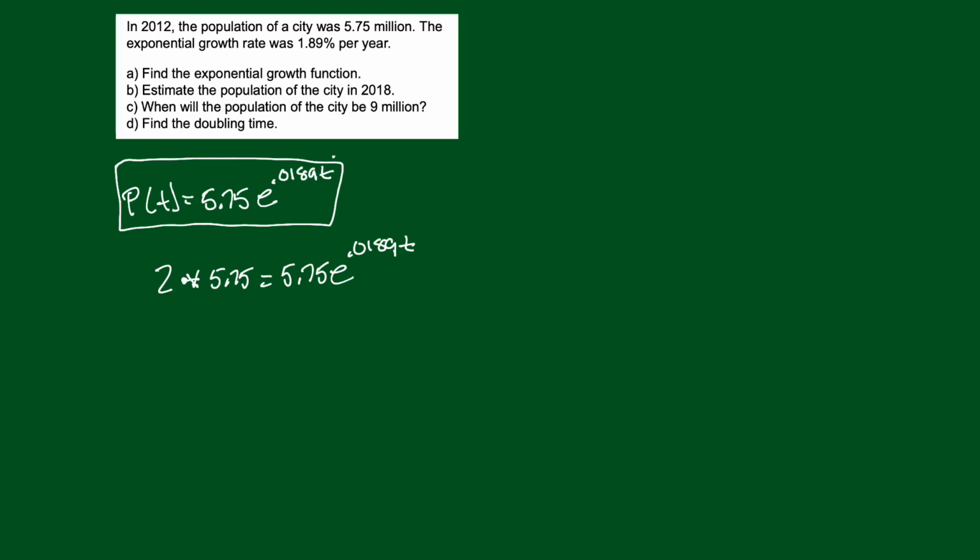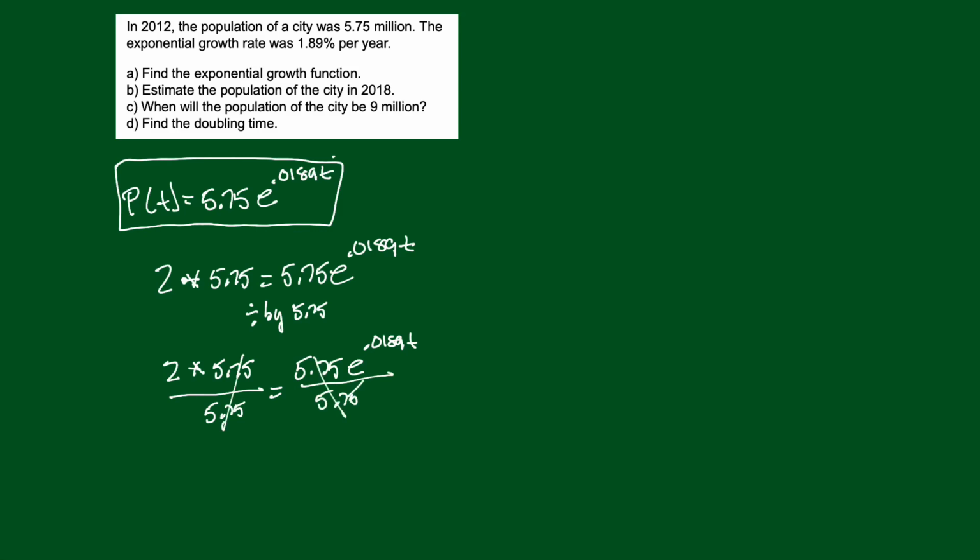Now an interesting thing here is when I try to solve this, what I'm going to do first is divide by the 5.75. So it'll look like this: 2 times 5.75 divided by 5.75 is equal to 5.75 e to the 0.0189 t divided by 5.75.